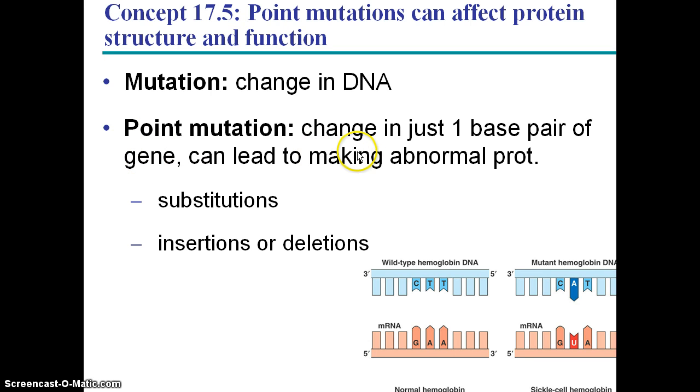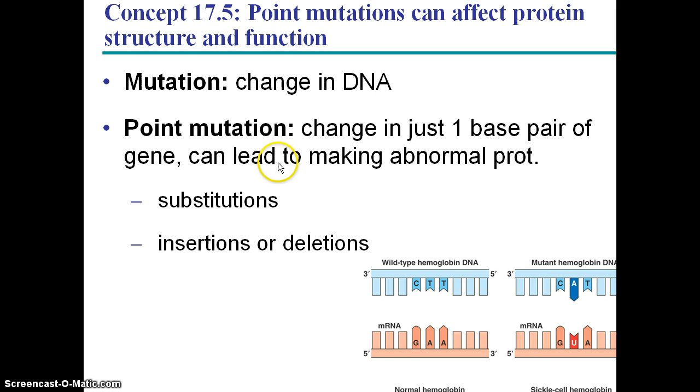At this point, we're going to focus on single genes and specifically point mutations, where a single base pair can be altered, and that can ultimately lead to new functions of proteins or non-functioning proteins.